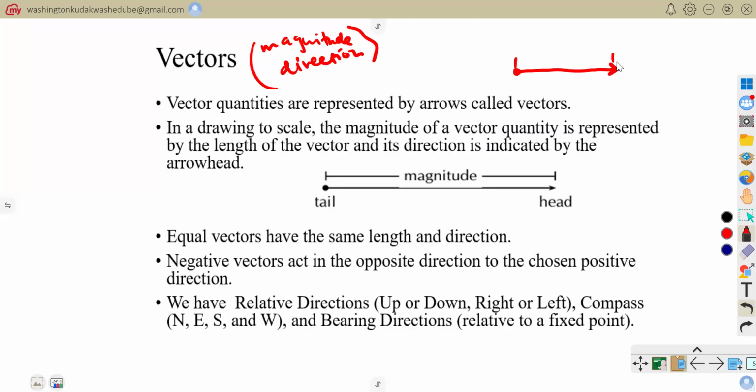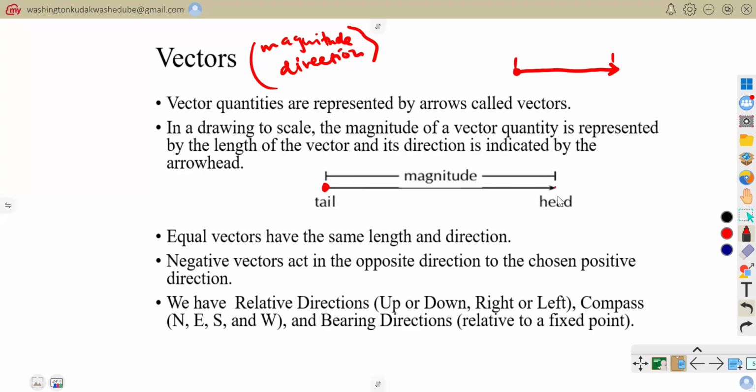For example, here we say that we have the tail of that vector, meaning you need to first define the reference point, where we are saying that this is where we started. So this becomes our tail. Like the tail of all those animals, the tail is always at the back. So this is where we started, and then this is where we ended.